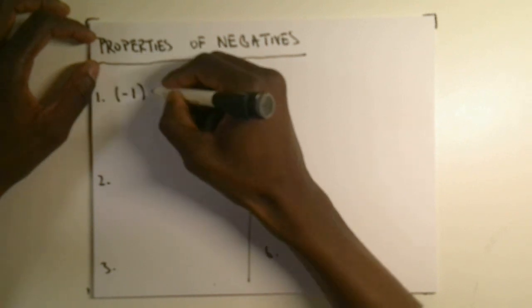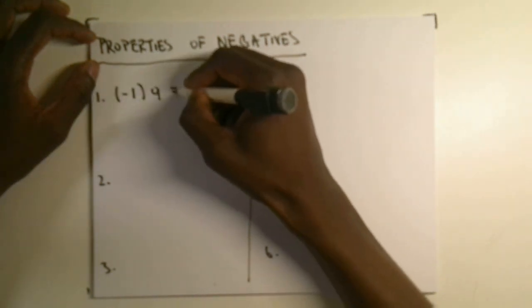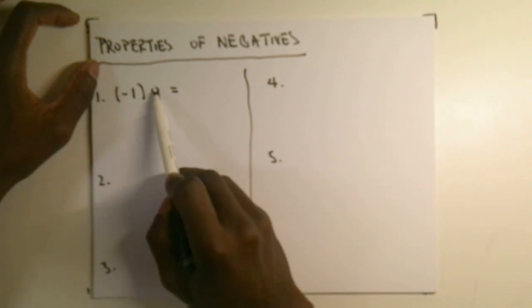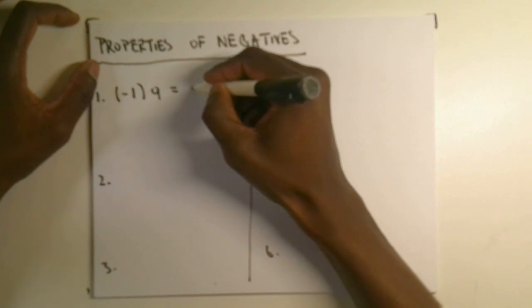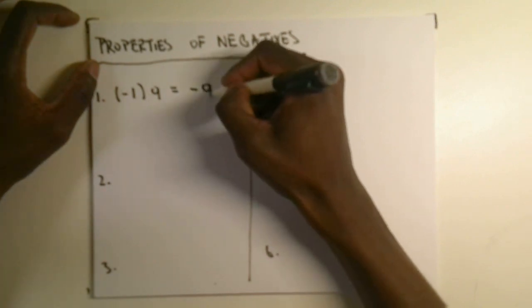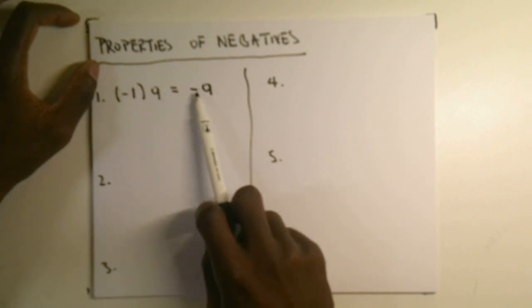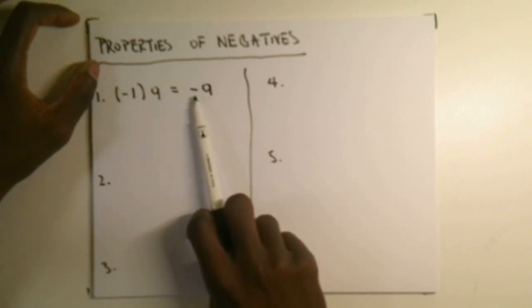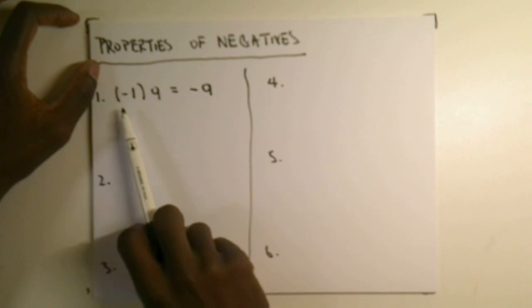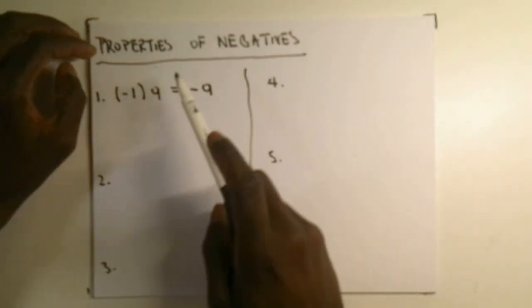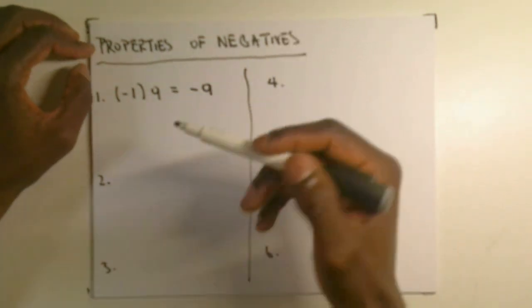So the first property says that a -1 value times a, and this a is positive, will turn this into a -a. So think of it as it's changing the behavior of this. So now this is a -a. So if you have a -1 value and you multiply that times a positive a, it turns it into a -a.